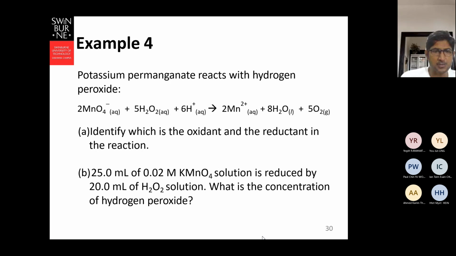Now, of course, we have to find the number of moles for manganese tetroxide, and from there we see this is a 2:5 reaction. 2 moles of manganese tetroxide is reduced by 5 moles of hydrogen peroxide. So from there, n equals C times V, and we can find its concentration.